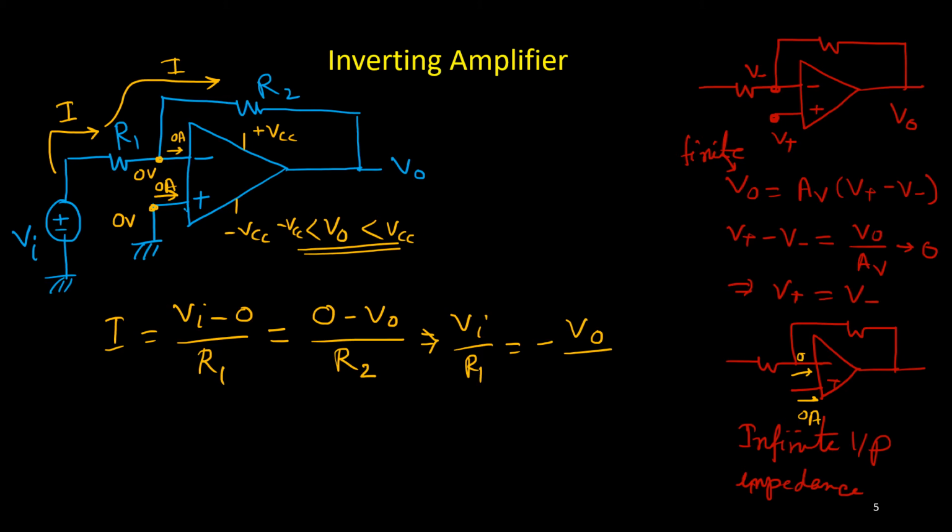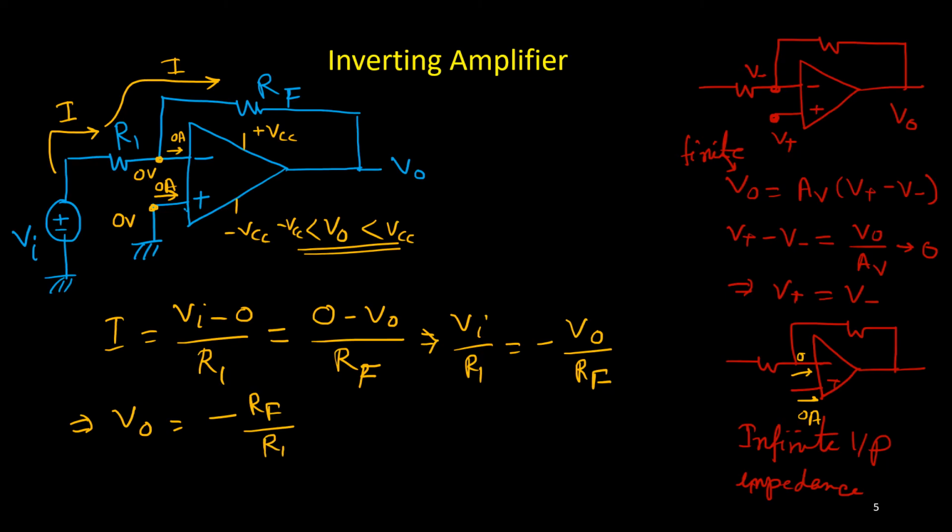I have considered R2 here, but sometimes we will consider RF; it is better to consider RF, because generally we call this the feedback resistance RF. Thus V naught will be minus RF by R1.